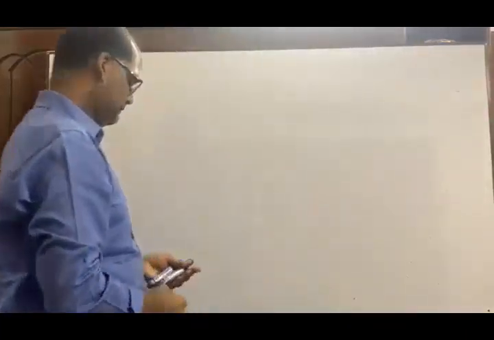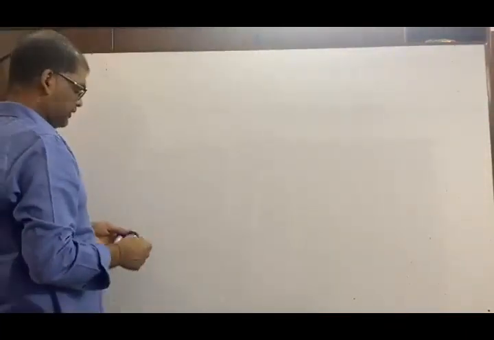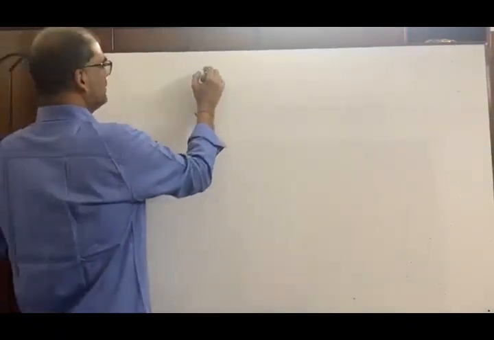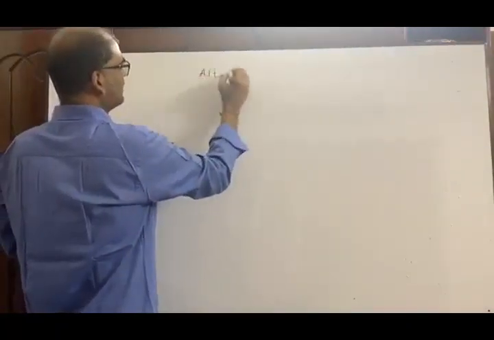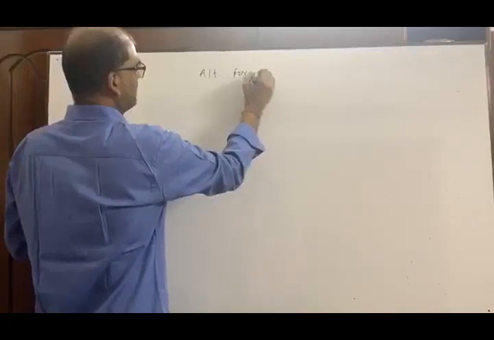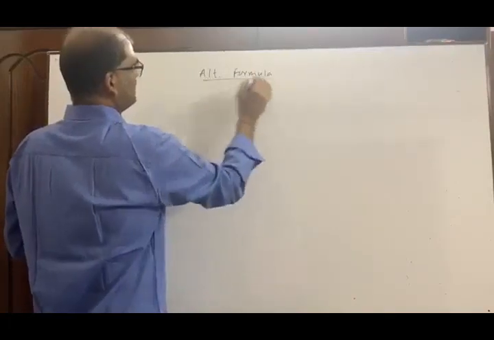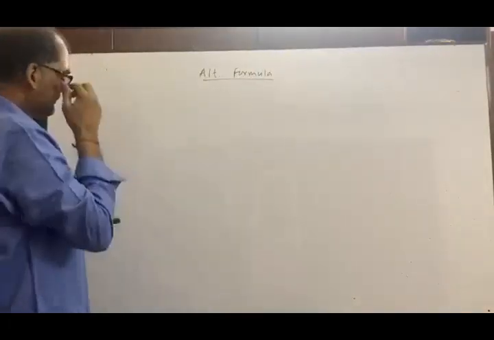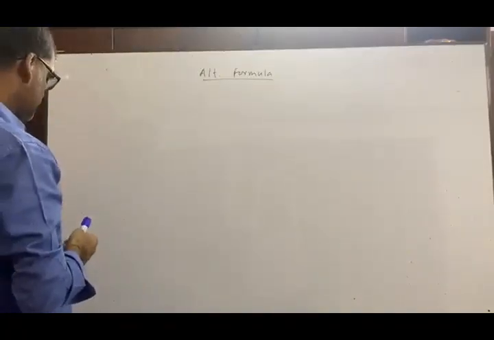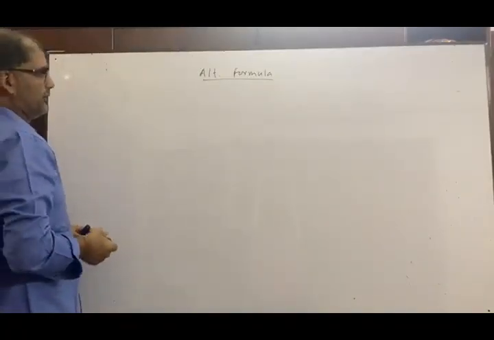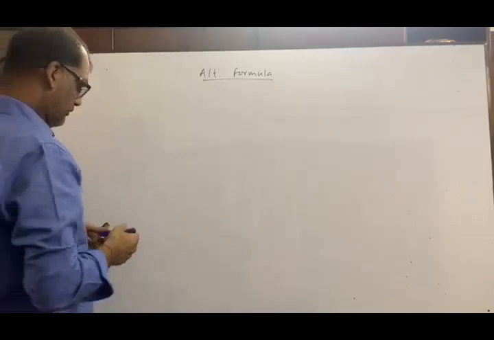Now you see another formula, alternative formula. Write down alternative formula. Okay, that is what you have got for variance. Variance equals to what?